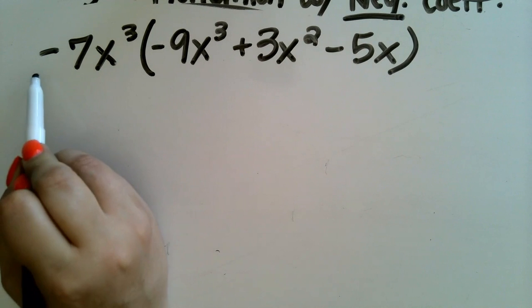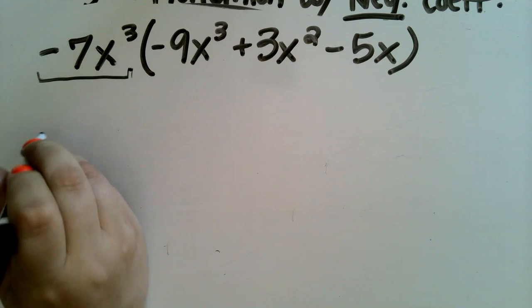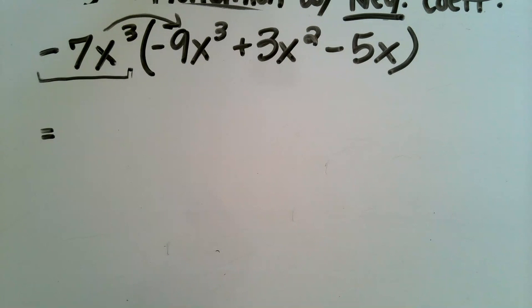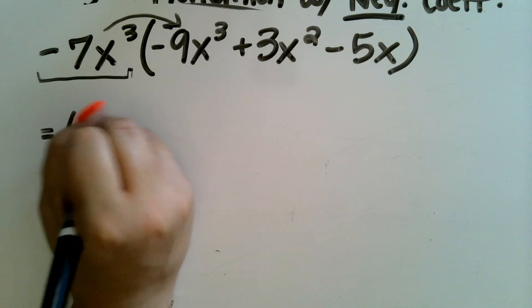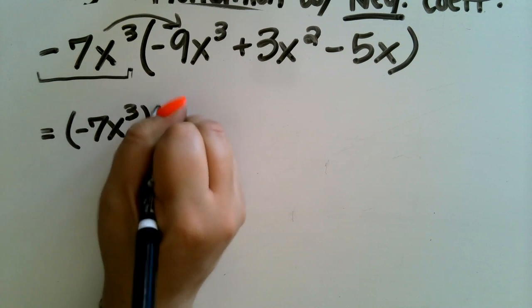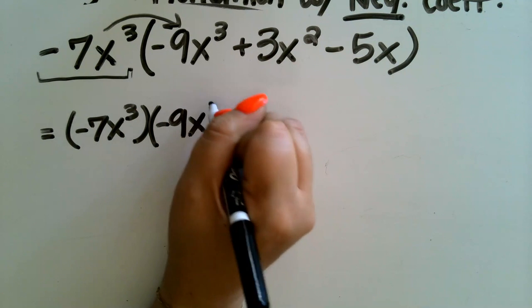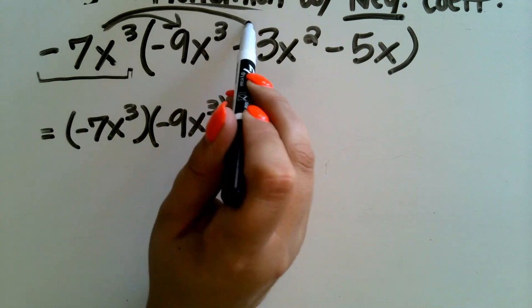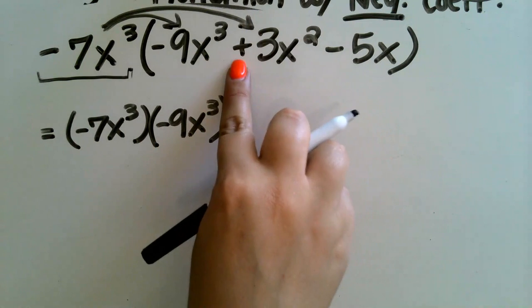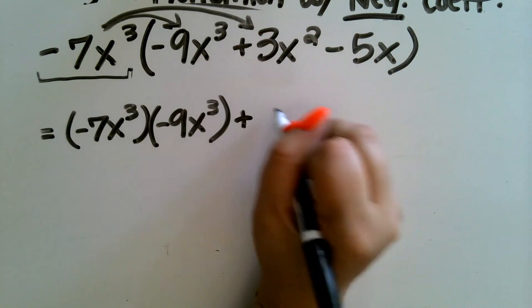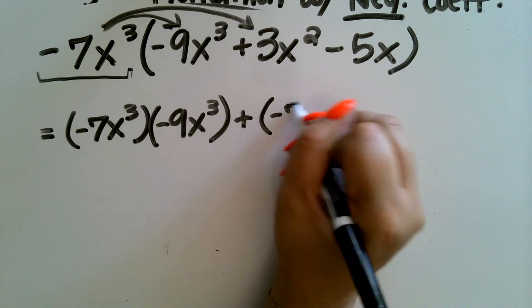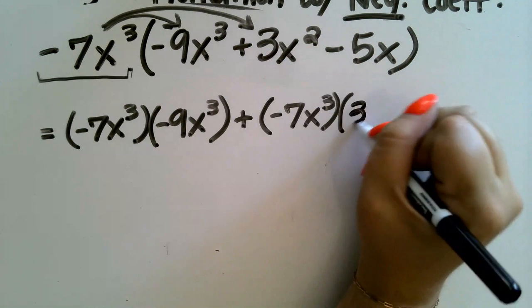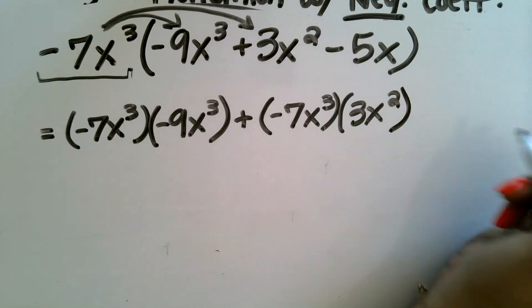First things first, I'm going to take this whole coefficient and I'm going to multiply it by our first term. Okay? So we have negative 7x to the third times negative 9x to the third. Got our first part. Second part, I'm going to bring down that addition. We're adding that negative 7x to the third times that second term of 3x to the second.